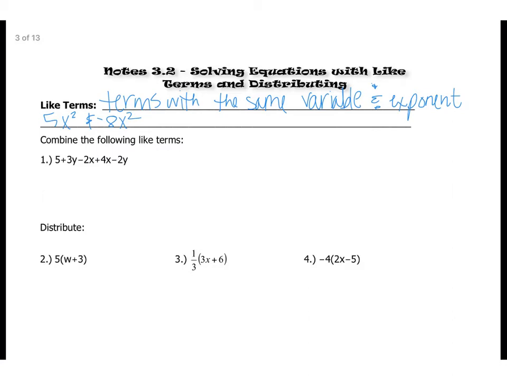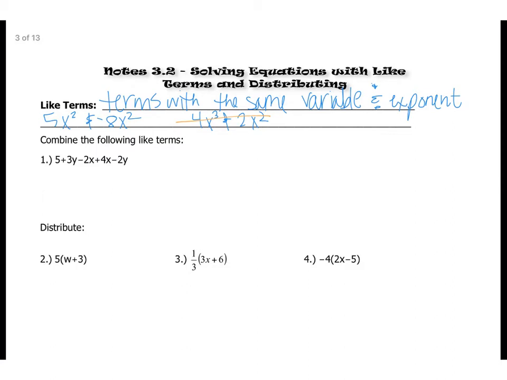A non-example would be 4x to the third and 2x to the second. That can't work because they have the same variable, but not the same exponent.